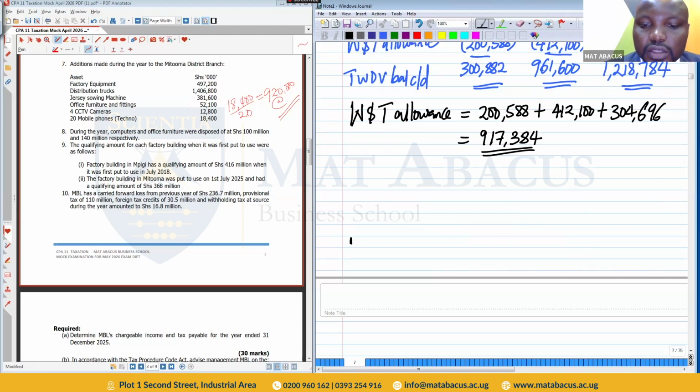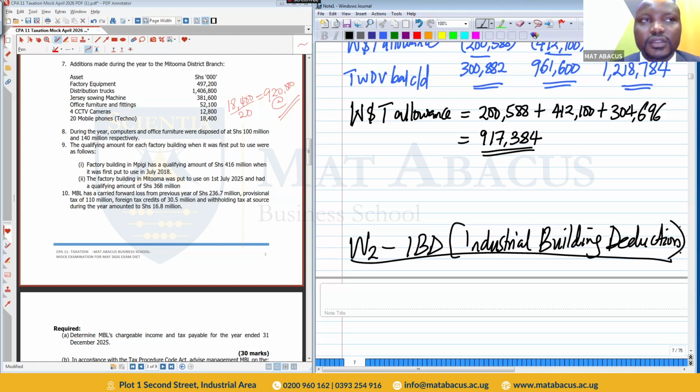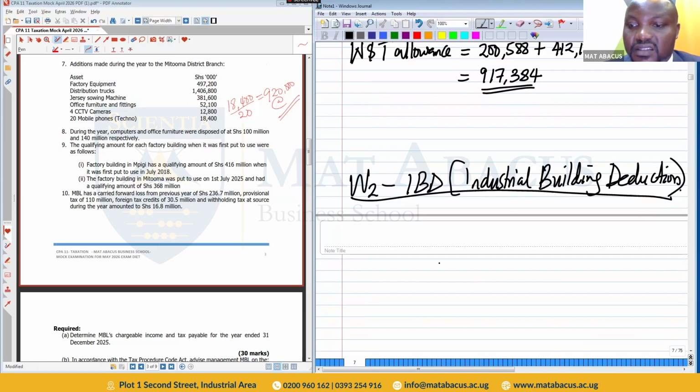So let's look at working 2, which is called IBD, industrial building deduction. In class, I gave you the definition of an industrial building deduction. It defines an approved hotel and an approved building, and it gives conditions for which qualifies for what.